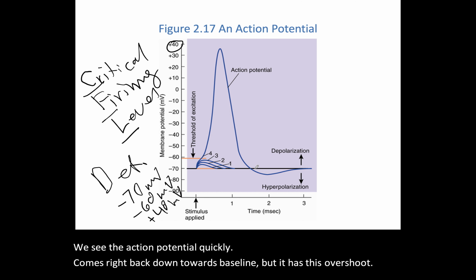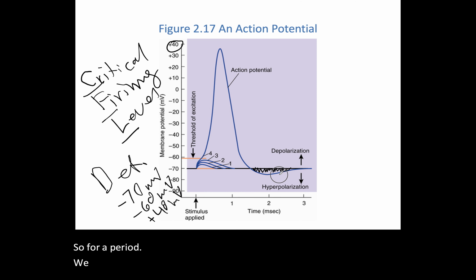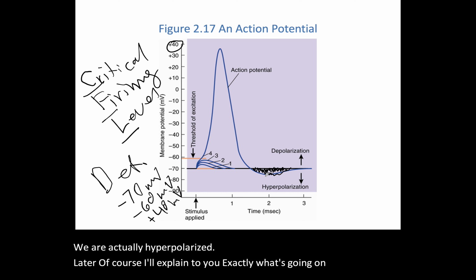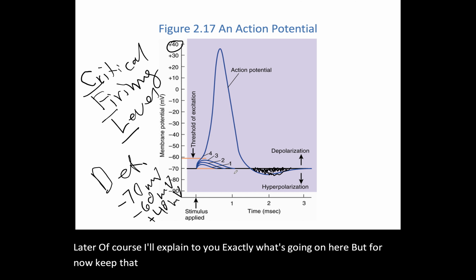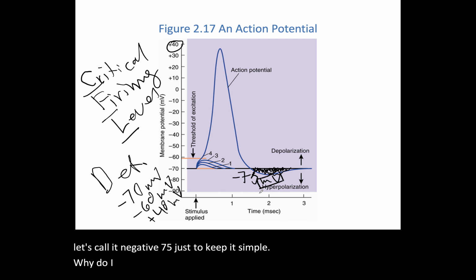So for a period, we are actually hyperpolarized. Later, of course, I'll explain to you exactly what's going on here. But for now, keep that in mind and note that it gets down to about negative 70, let's call it negative 75 just to keep it simple. By the way, always be mindful of your units. Units are obviously everything.